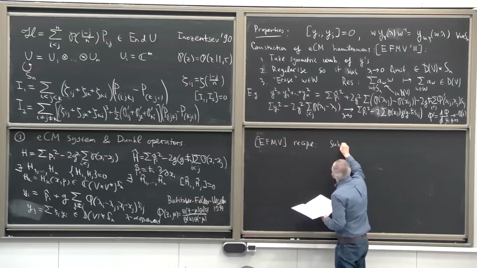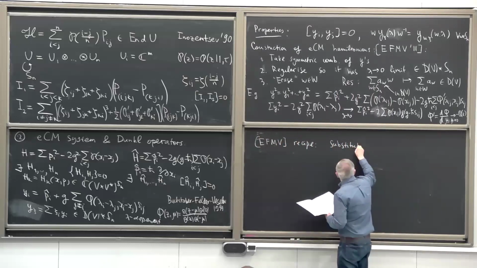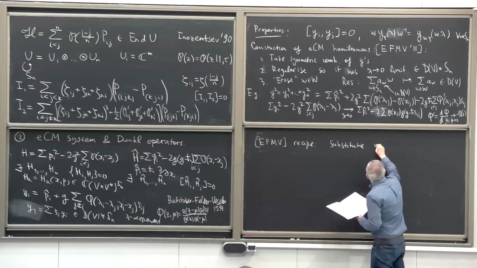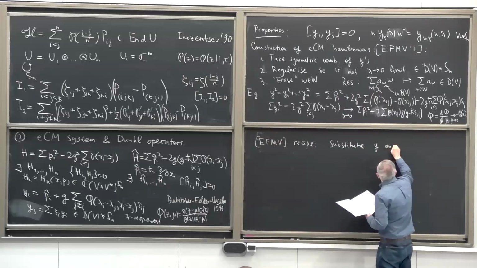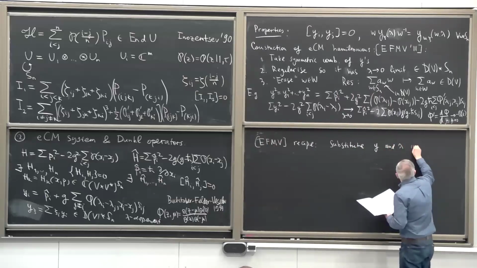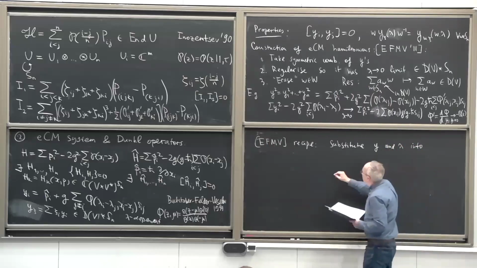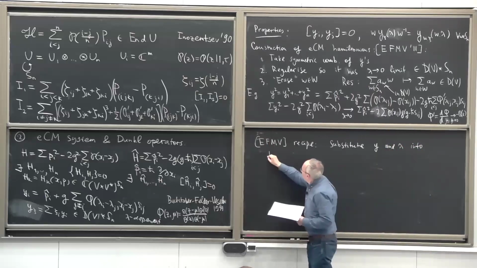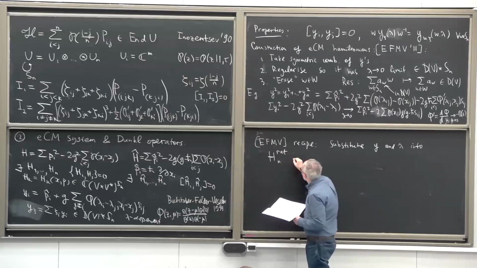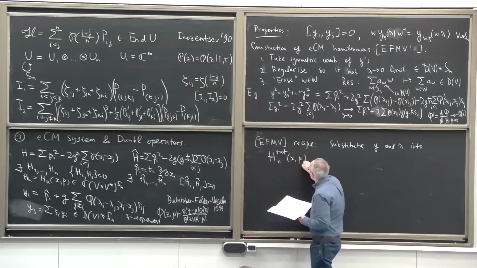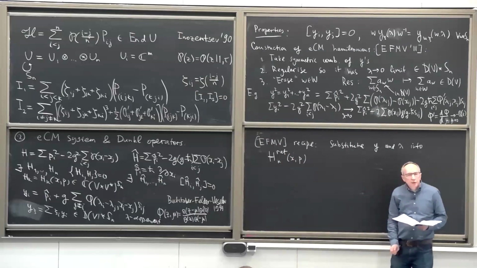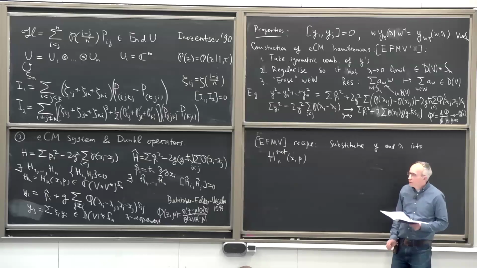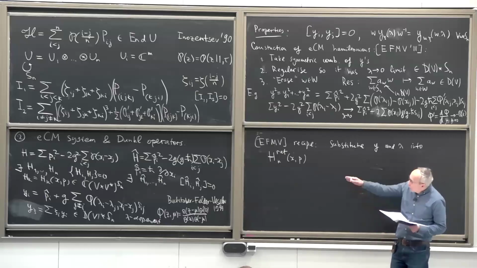Substitute y's and lambda into the classical rational Hamiltonian. What works actually, if you look at the rational Hamiltonians as functions of x and p, you don't need more complicated elliptic ones.